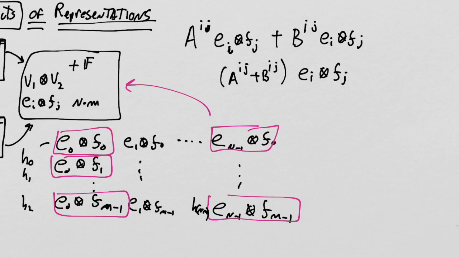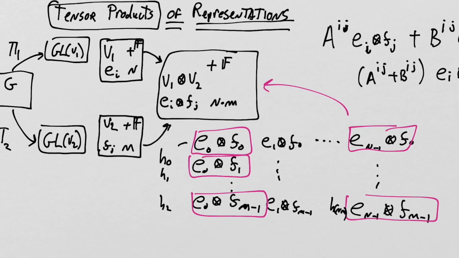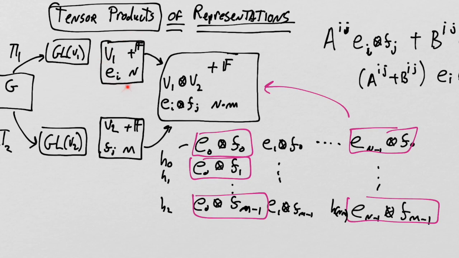And also what's kind of important to understand is if you take a vector from V1 and a vector from V2, there is a corresponding vector in the tensor product space. And that corresponding vector would be v tensor product alpha, right?